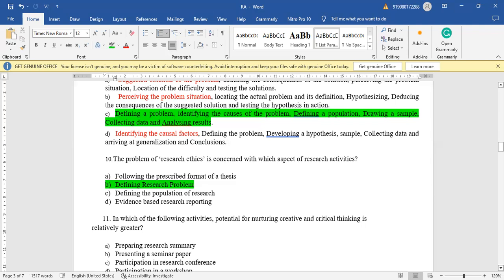If it is not available, then it is finding. If the research problem is given in the 4 options, then the research problem will be the answer for the problem of ethics. If research problem is not given, only findings, then go for findings. Is that clear?